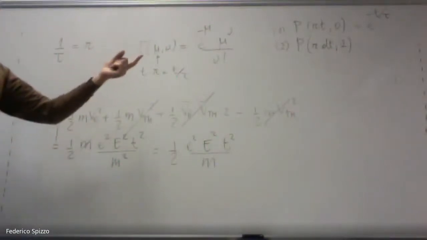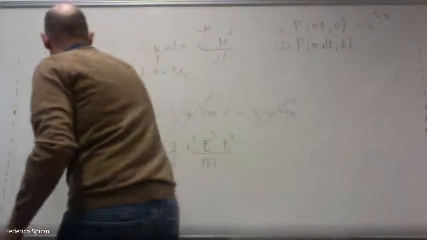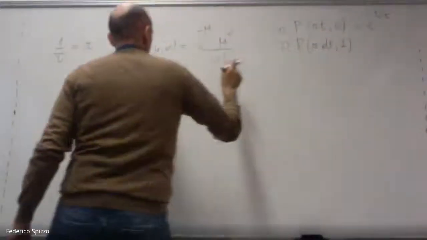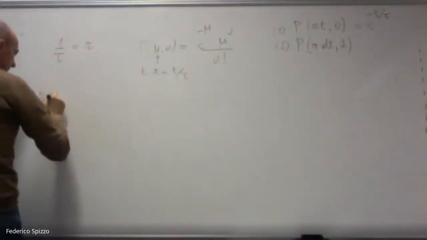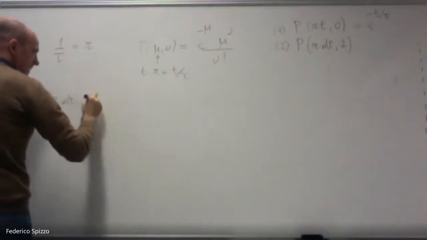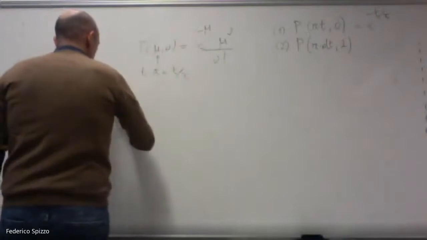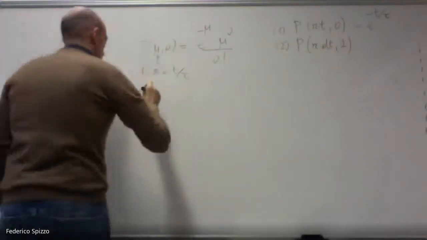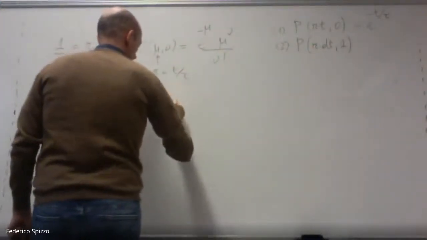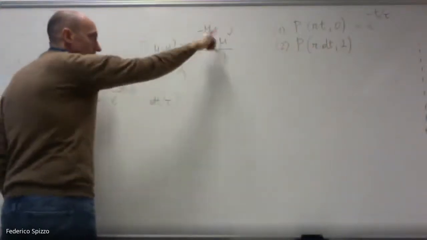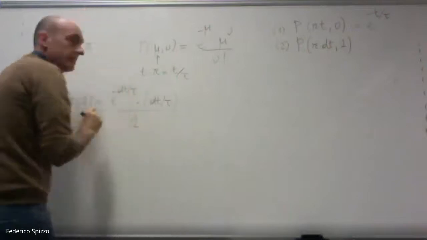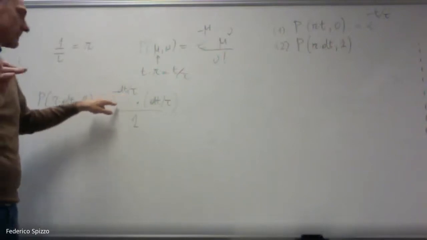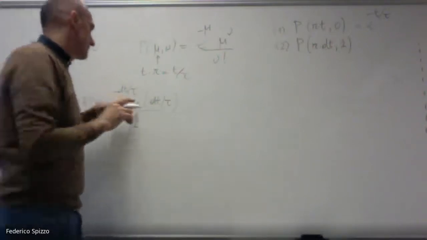For the second, the probability is equal to e to the minus dt divided by the relaxation time, times again dt divided by the relaxation time to the power of 1, divided by 1. dt is expected to be very small, so we may expand the exponential as 1 minus dt divided by tau.